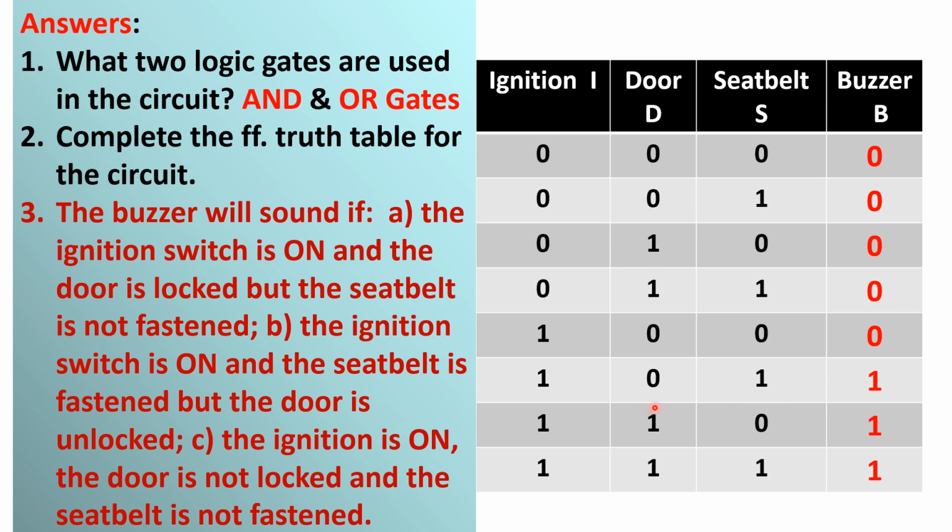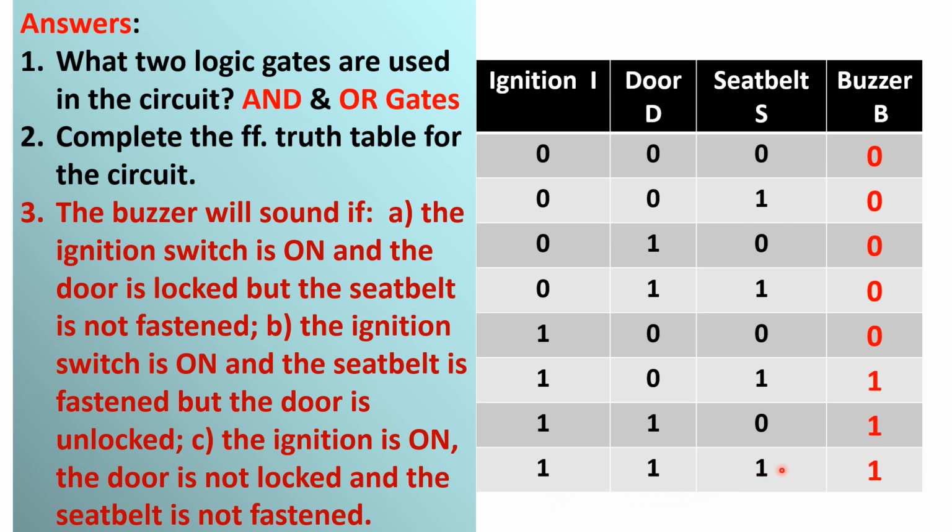For instance, if he has not yet locked the door, even if he has already fastened his seatbelt, the buzzer will sound because the door is not yet locked. But even if the door is already locked, but he has not yet fastened his seatbelt, then the buzzer will sound.